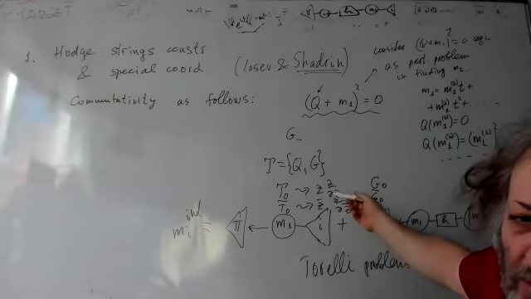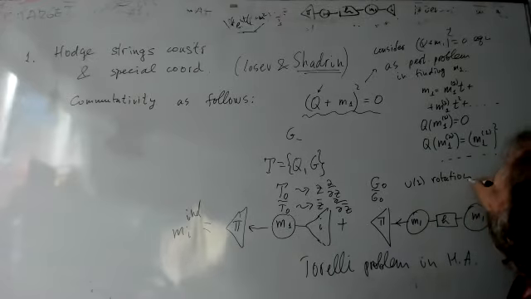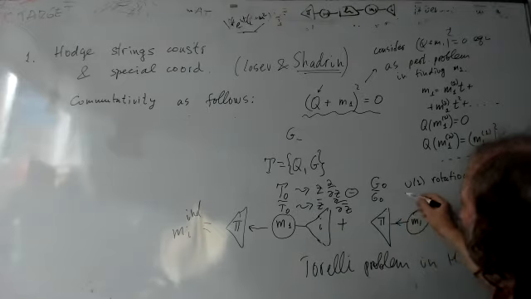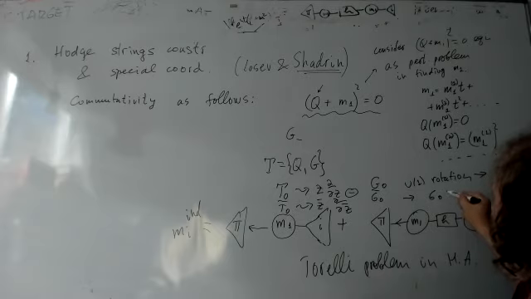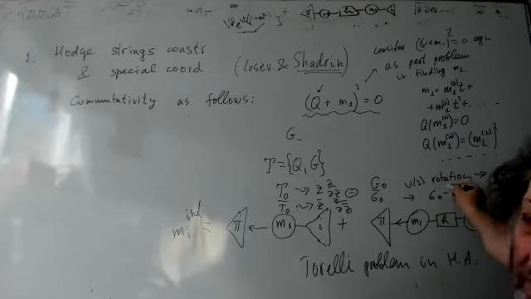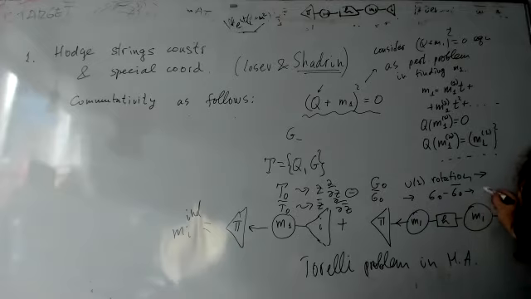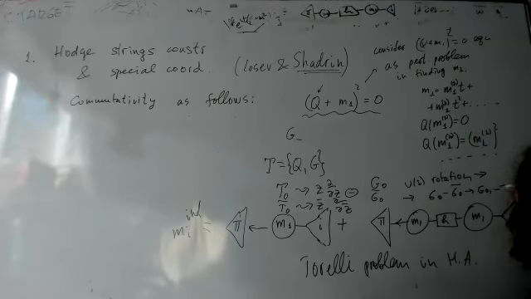Now we see that U1 rotation corresponds to G0 minus G0 bar. But it's too long to write it this way. So you say simply G0 minus, but it's also too long. So you say that it is G minus.